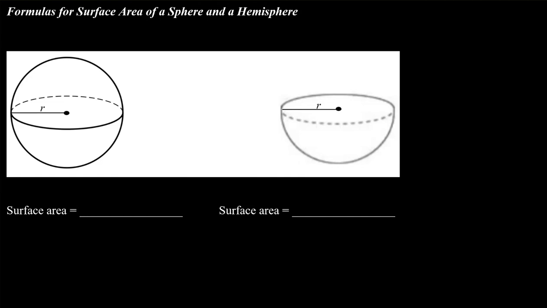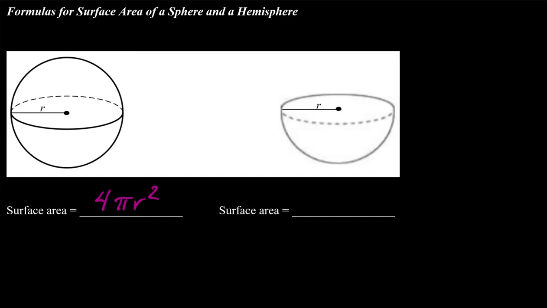We're talking about the surface area of spheres and hemispheres. Now, we don't have time to prove it right now, but the surface area of a sphere, which is just like a ball or a 3D circle, believe it or not, is 4 pi r squared.